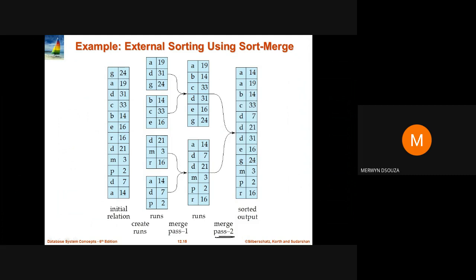So this is the second pass. If we had initially set m equal to 3, then we obtain the sorted output in two passes.